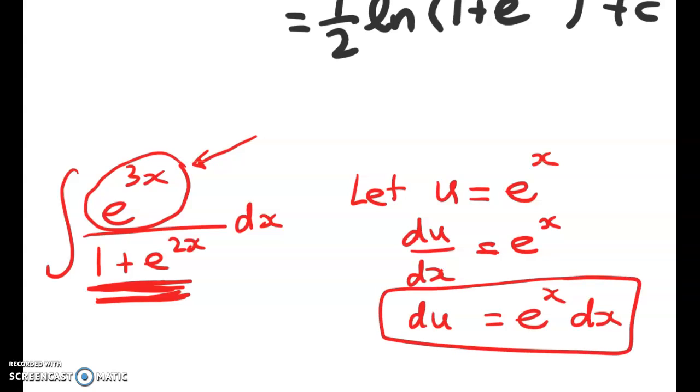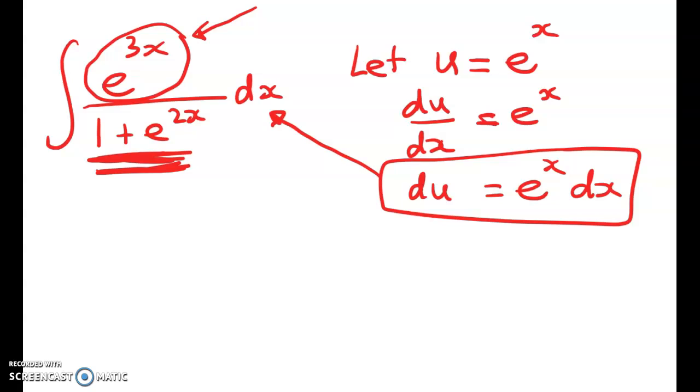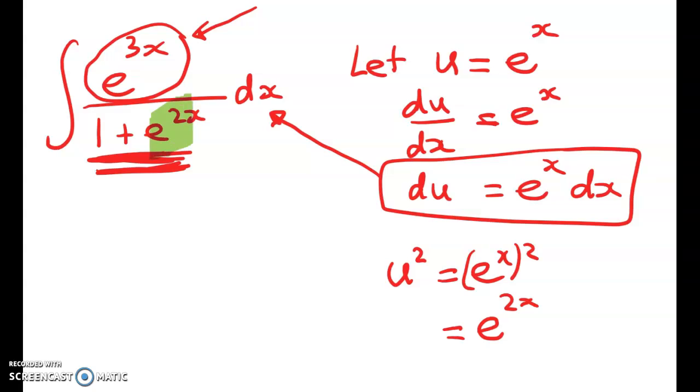So now I'm going to try and work everything in here into something to do with u. U squared is e to the x squared, which is e to the 2x. So we can get this into a u. Du is equal to e to the x dx. So I'm going to do something to split up the numerator.